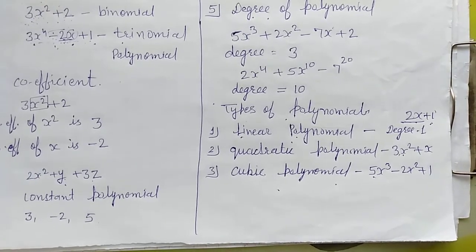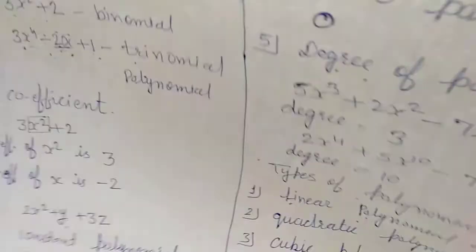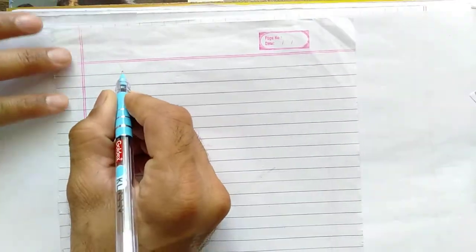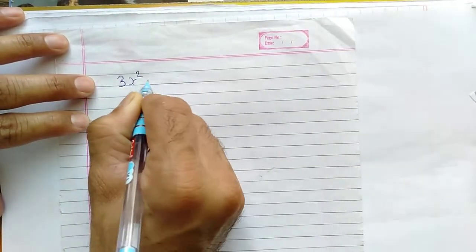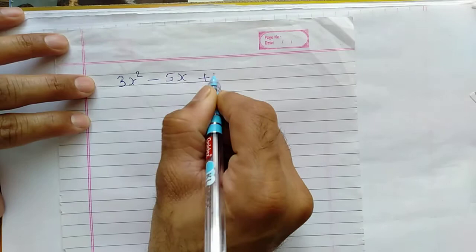One more thing I would like to tell about polynomials: an expression is a polynomial if its power is positive, or it should be a whole number. How? See, an expression I'm writing here, 3x square minus 5x plus 1.